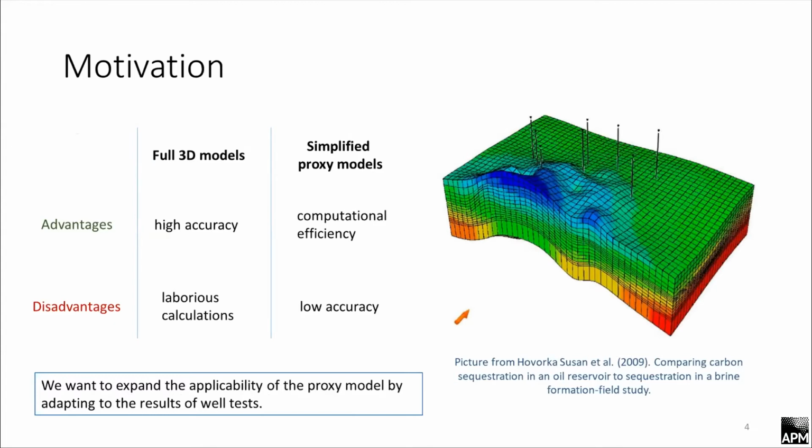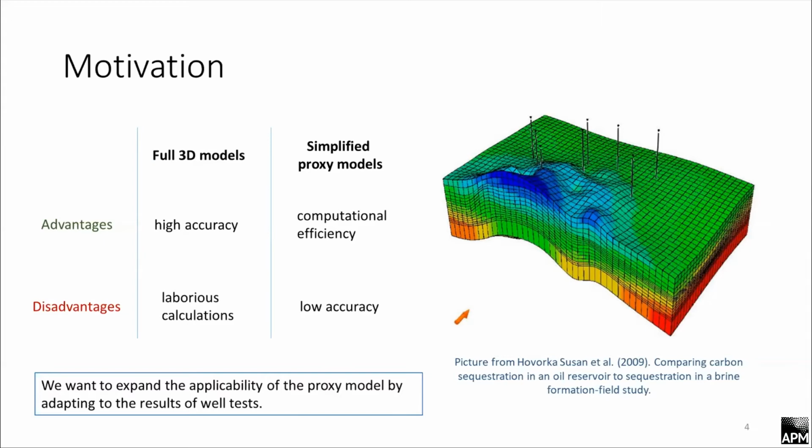The models which are used to give some idea about the supposed state of the reservoir can be divided into two categories. Full-physics models give high accuracy by themselves but need laborious calculations to perform. The second one, on which we concentrated our attention, is simplified models, so-called proxy models.